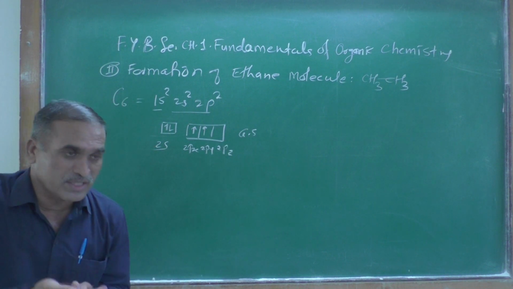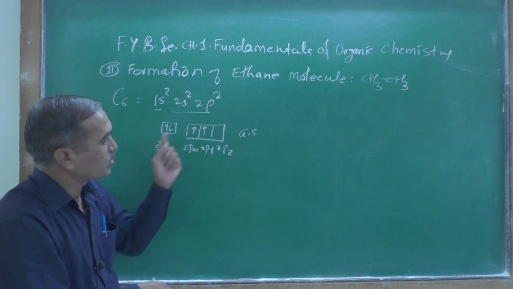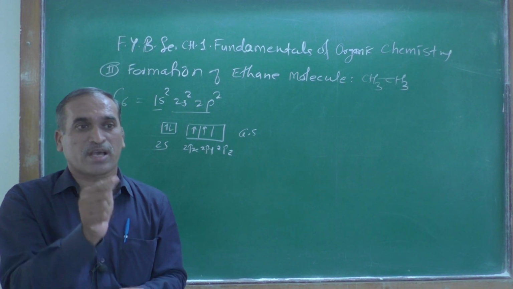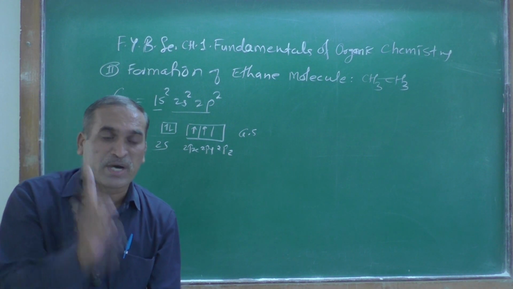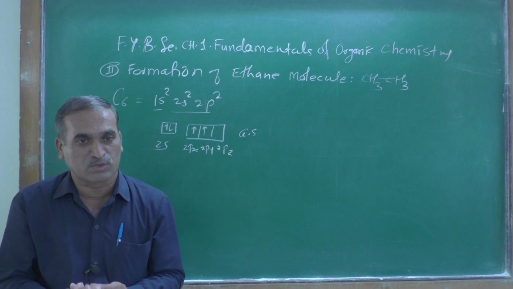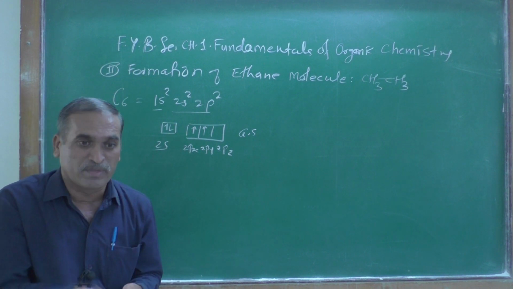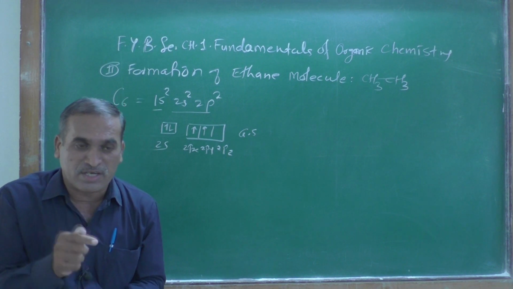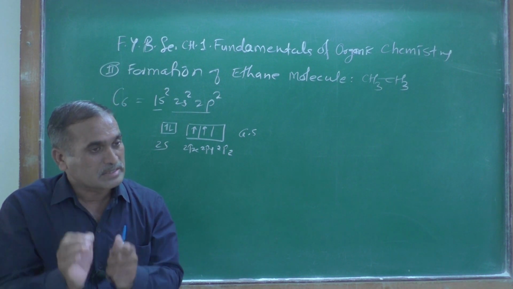When the molecule is formed, like methane or ethane, what is happening? If you look here, there are 2 unpaired electrons in the ground state, but in an actual sense carbon has a valency of 4, because there must be 4 unpaired electrons, otherwise there will be no formation of the molecule. Therefore, when the molecule is formed, the carbon atom goes into the excited state, and the energy for the excitation comes from sunlight.